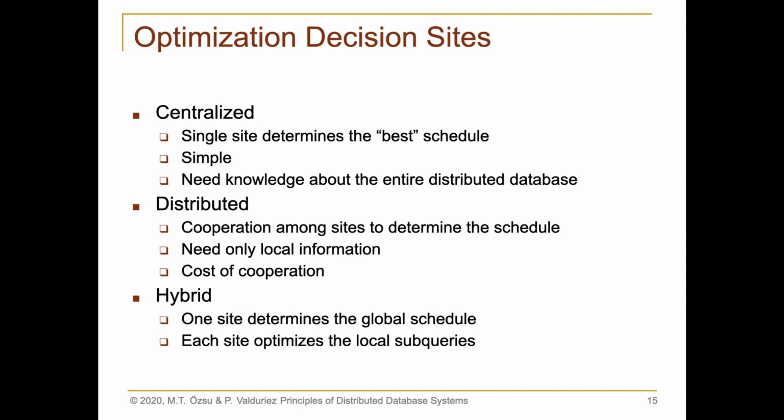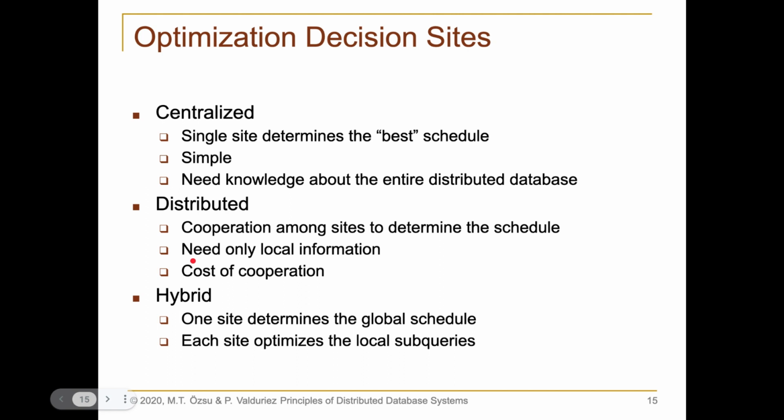It's among the simplest types of query optimization techniques, where a single site is responsible to plan the best schedule. But in this case, the single scheduler, or the single entity that determines the best schedule, needs to have complete information on the global conceptual schema, or the entire distributed database.